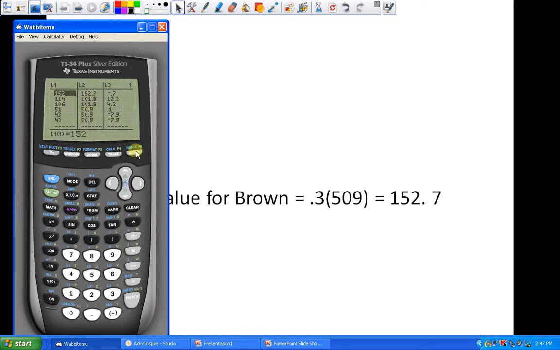So I'd have to do 20% of 509, that's 101.8. Again, these are 10%. 10% of 509 is 50.9. So you get your expected values. Now I'll show you what we've done here. L3 is the difference between the observed and the expected. Notice that some of these are negative and some of these are positive.